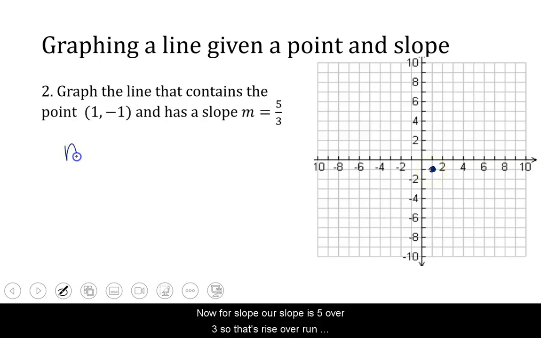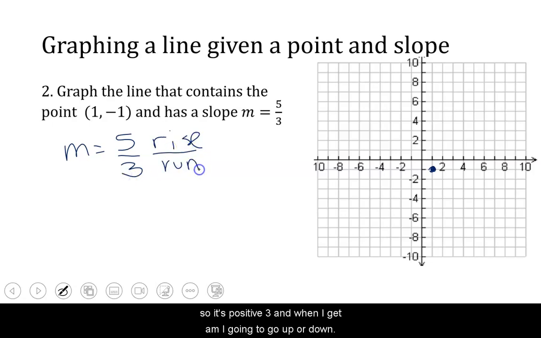Now for slope, our slope is 5 over 3. So that's rise over run. So it's positive 5. Am I going to go up or down? I'm going to go up 5 and then positive 3. Am I going to go left or right? Right.